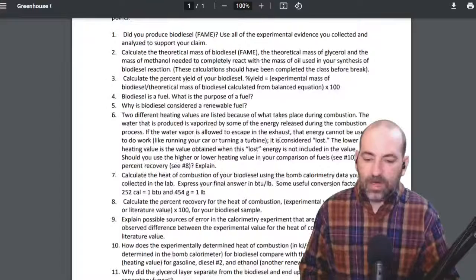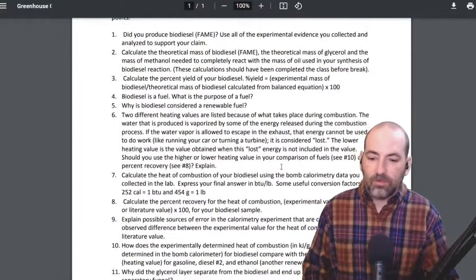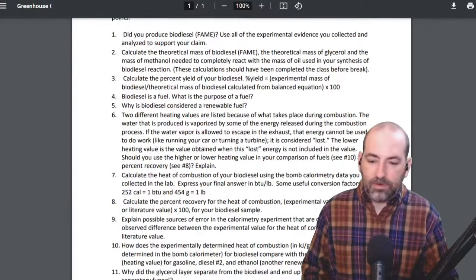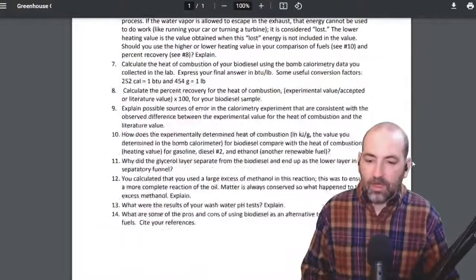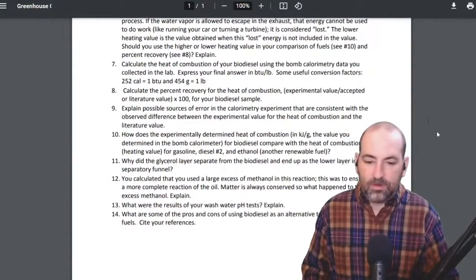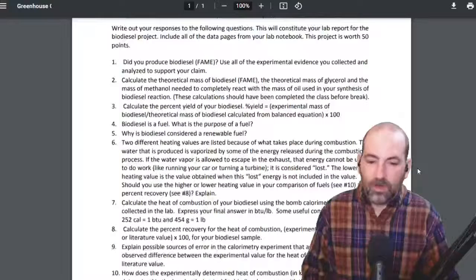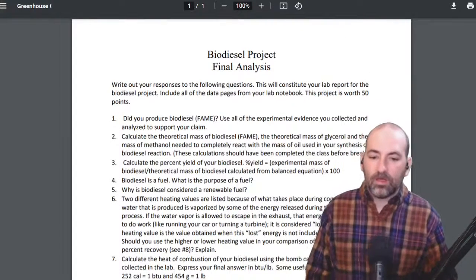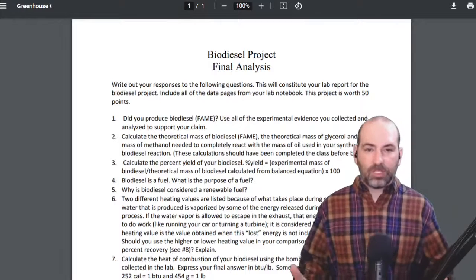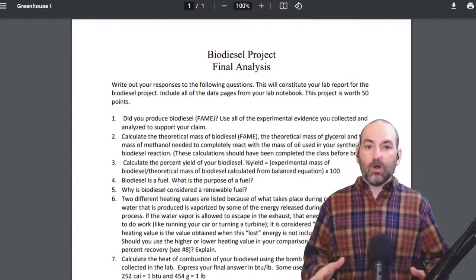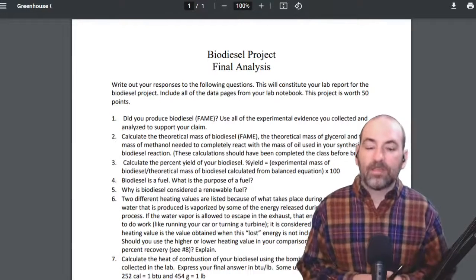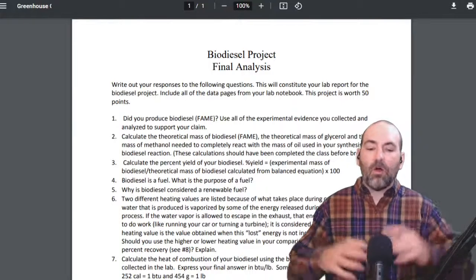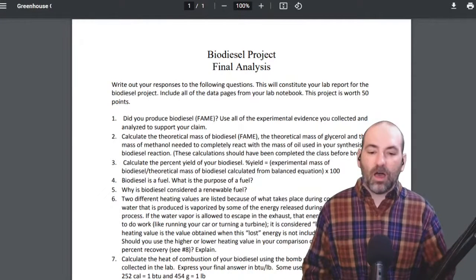Everything else, there's a lot of kind of research stuff to do. We did the heat of combustion together. We did the percent recovery together. And the rest of it is kind of for you to answer on your own. Please keep in mind, number one should kind of be the biggest question here. So you should be doing the most to answer number 1, because that's supposed to take in all of the results, all of the data that you saw.